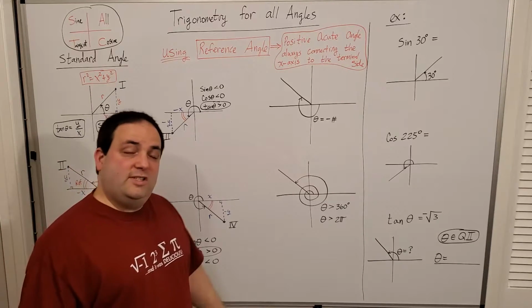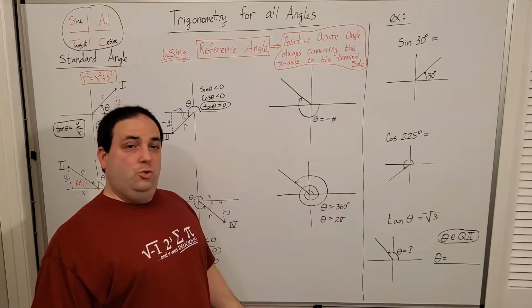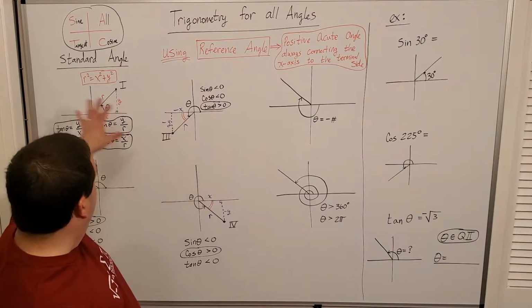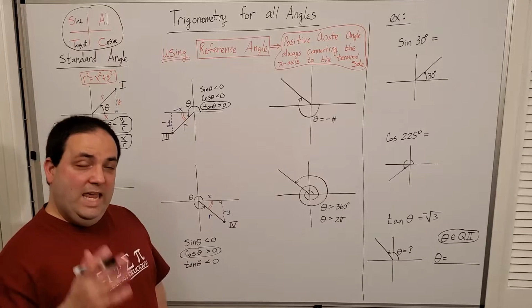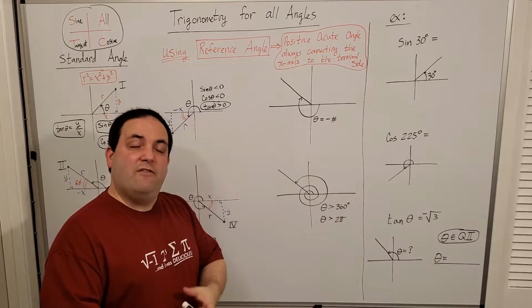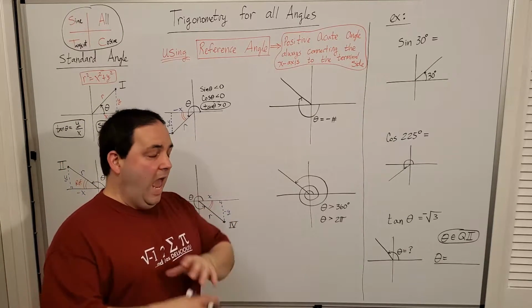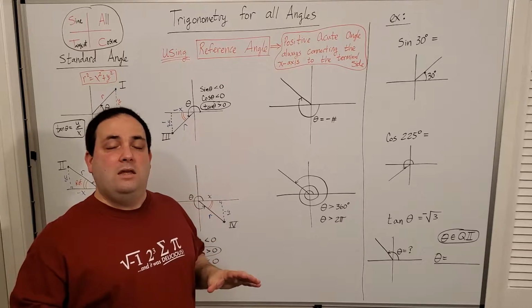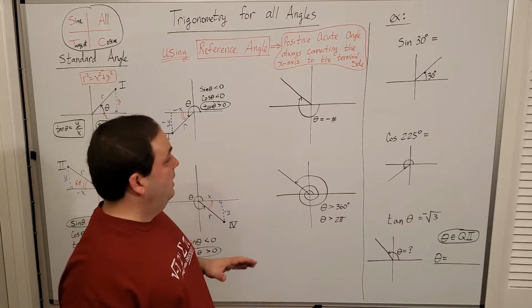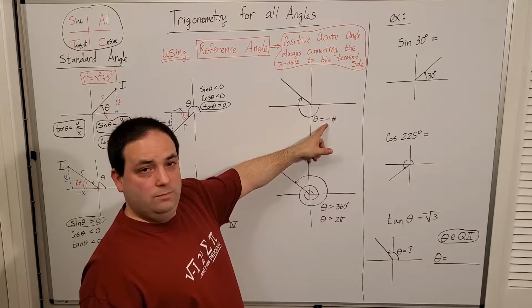Okay, now again, we're still not limited to just the normal rotations in these quadrants. It just happens to be wherever your angle lands. And it can literally be any kind of angle. It can even be a negative angle.